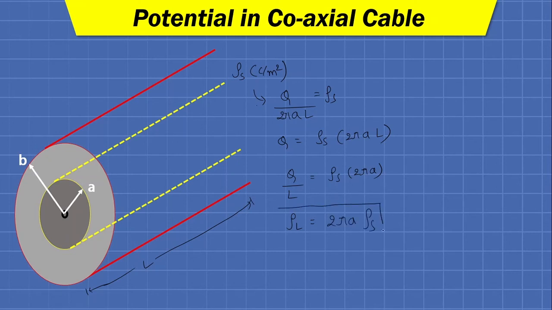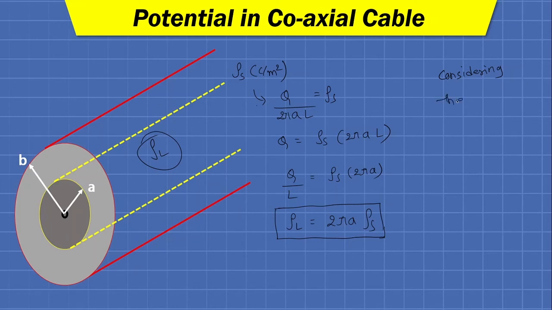We can use this relation at any time when we are considering the coaxial cable or conductor. Okay, so for this case we will consider the line charge density rho L. Now, this was just for the understanding of the relation between rho L and rho s. Fine.